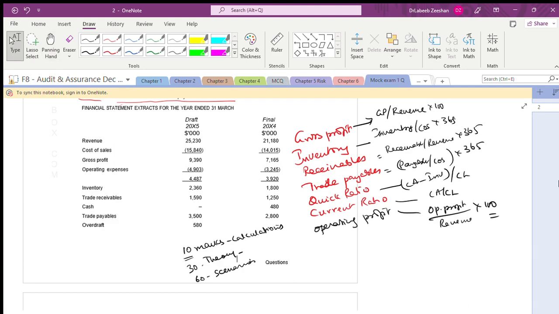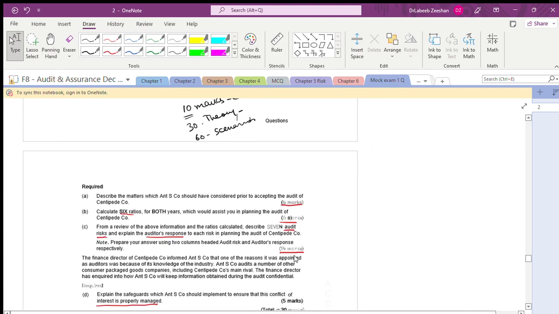Now I'm just going to the question and answer paper. They are asking what matters should be considered, 5 marks, 5 points. For the 6 ratios, what is the audit risk and what is the audit response?